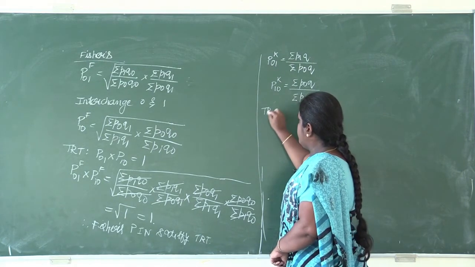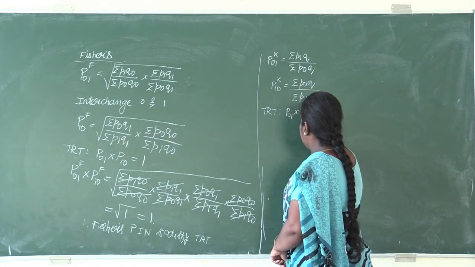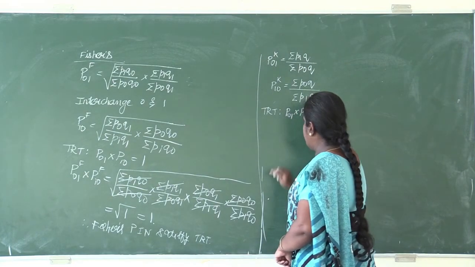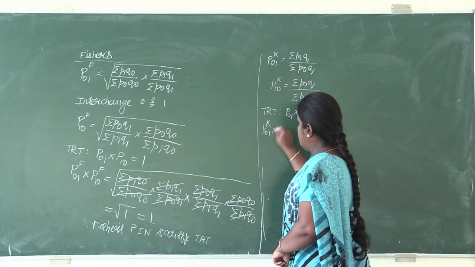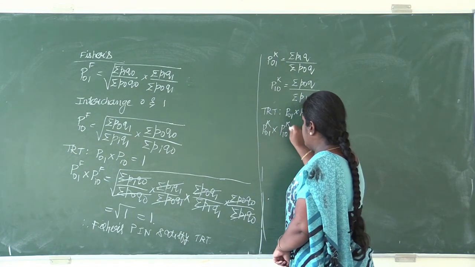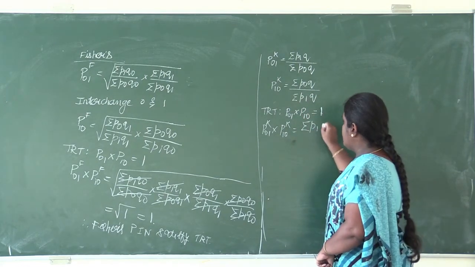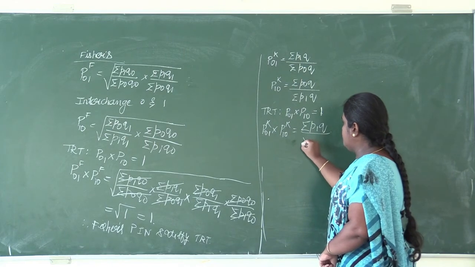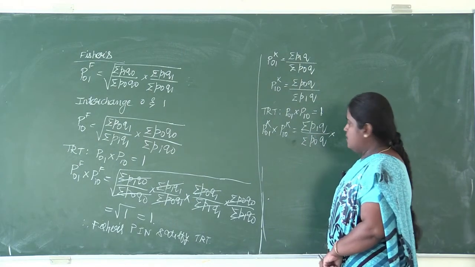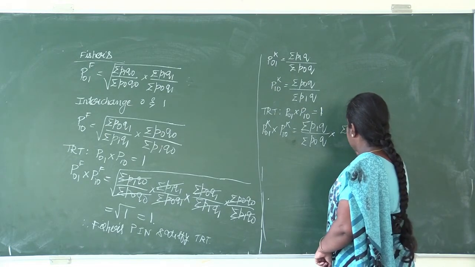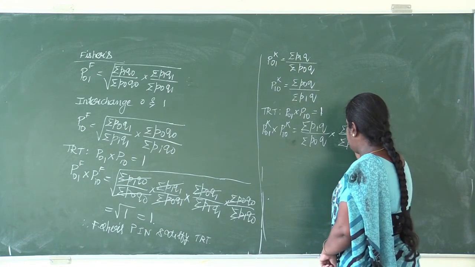The condition of time reversal test is P01 into P10 equals 1. So P01K into P10K equals, substitute the formula, we will get sigma P1Q divided by sigma P0Q into sigma P0Q divided by sigma P1Q.